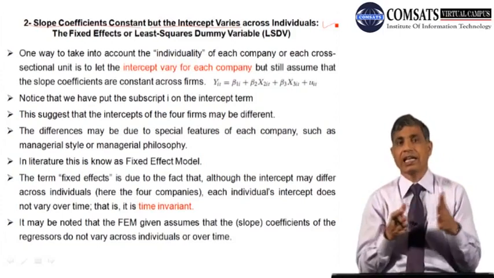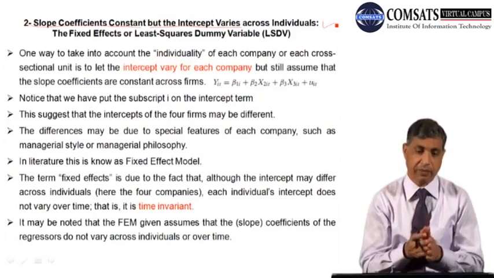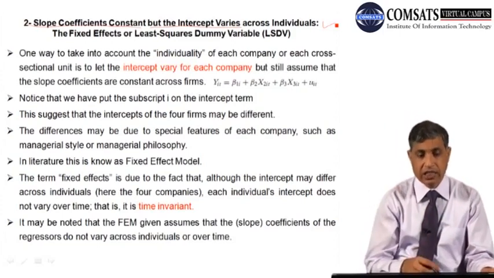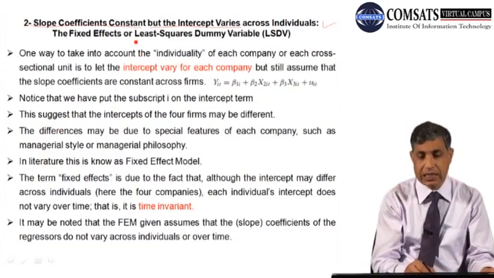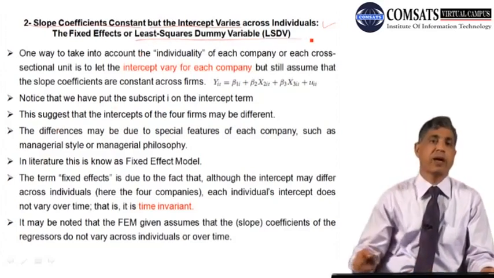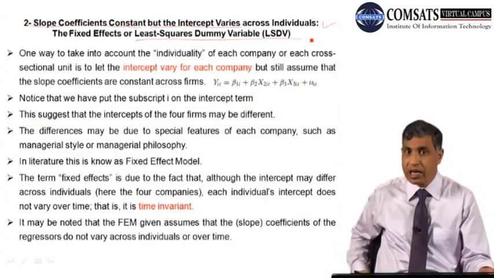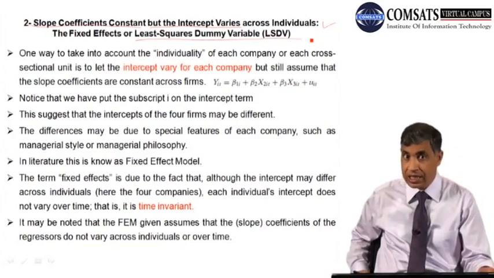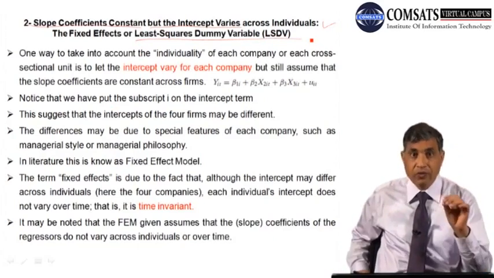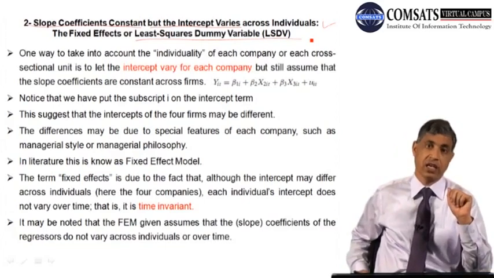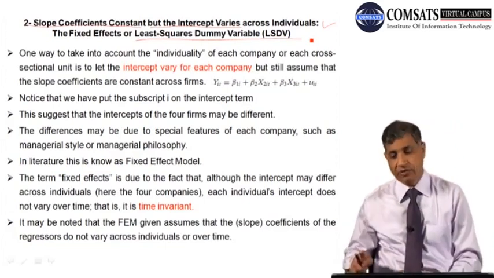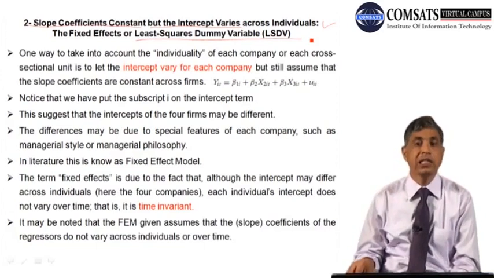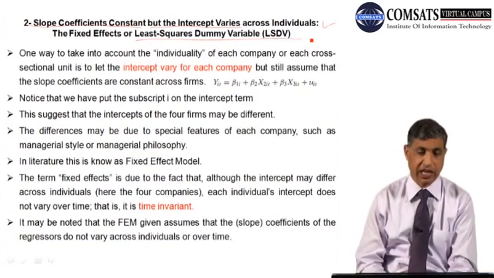In this way, this model becomes the least square dummy variable model. When we allow for the variation in the cross-sectional unit, we will have to add the dummy variable for this, and when we add the dummy variable, it becomes the least square dummy variable technique.